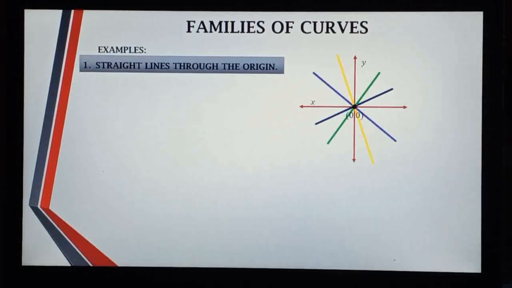So first, kailangan alamin mo muna kung ano yung gagamitin mong equation. So syempre, we are talking about straight lines. We have to use the equation of the straight lines. Now, the general form of the equation of the straight lines is y minus k equals m multiplied by x minus h.